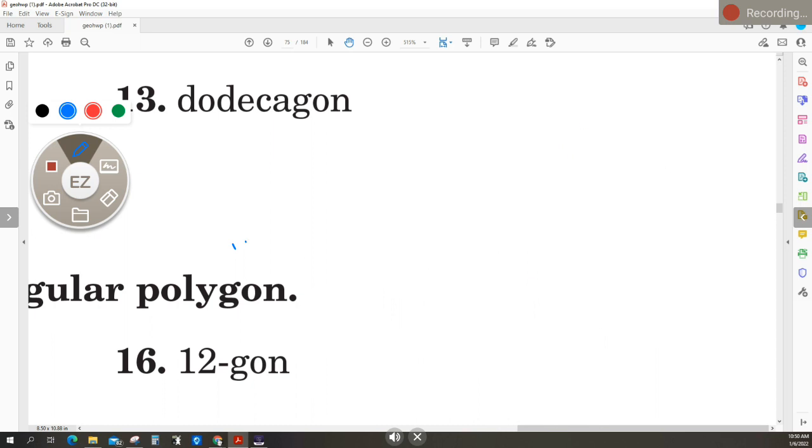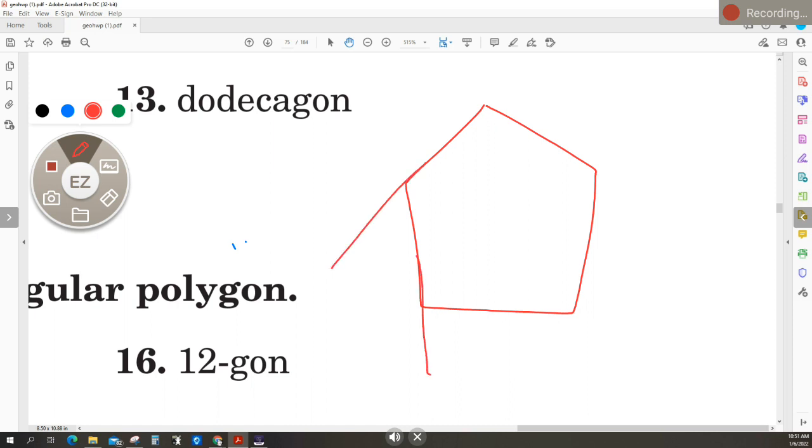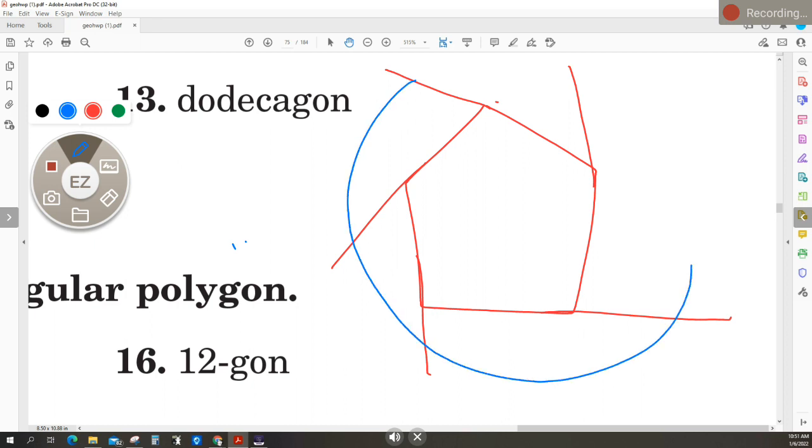What if I draw a pentagon? So a very poorly drawn pentagon, but a pentagon still, right? And I extend each side out. Right? And then I go from this angle to this angle to this angle to this angle to this angle.